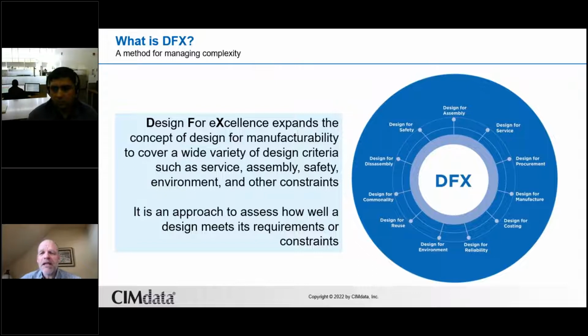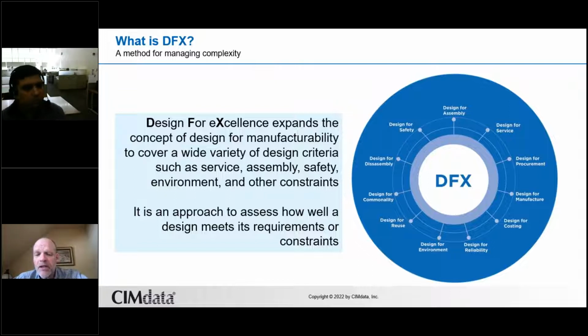Design for Excellence came out of, originally, the tools and products known as Design for Manufacturing. They focused on developing checklists to ensure that products could be manufactured properly, and over time expanded to cover other areas.